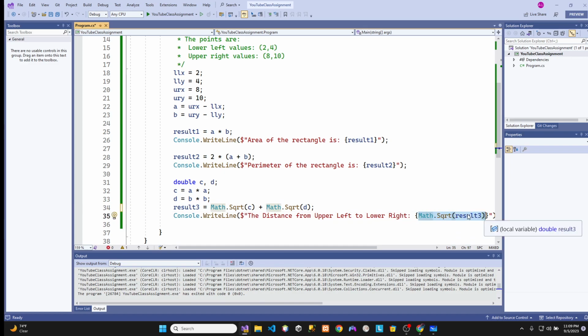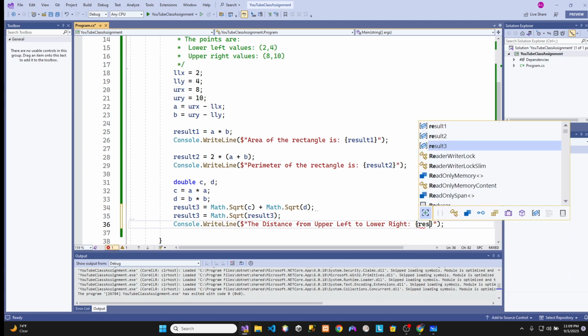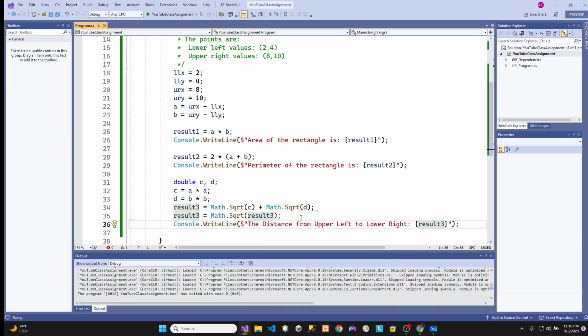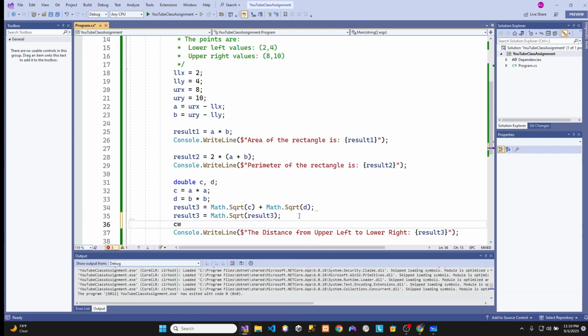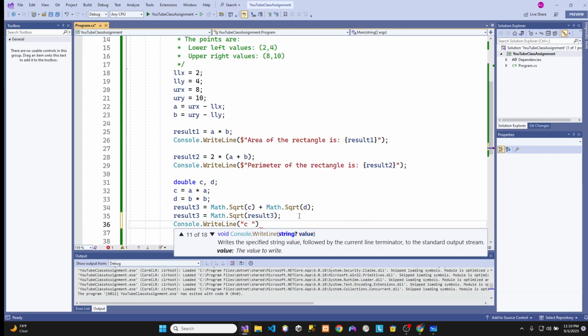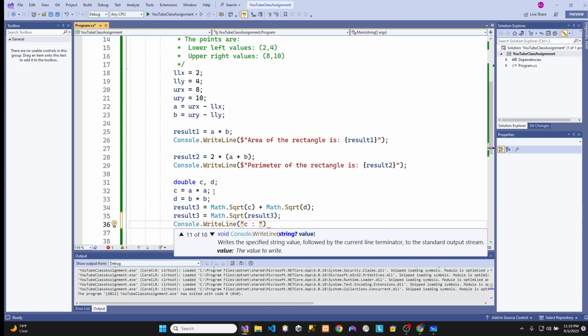And I'm just going to copy this. Result 3 equals this, and result 3. No. I got C. Okay, this is 36.